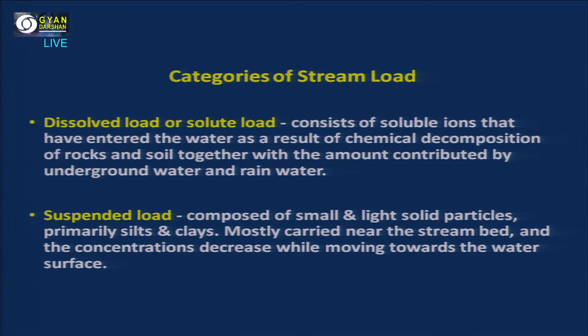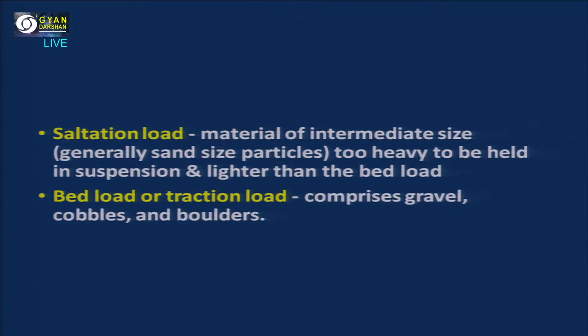These are the various categories of stream load: dissolved load, and the suspended load. The dissolved load consists of soluble ions that have entered the water, and the suspended load is composed of small and light solid particles like silt and clays.